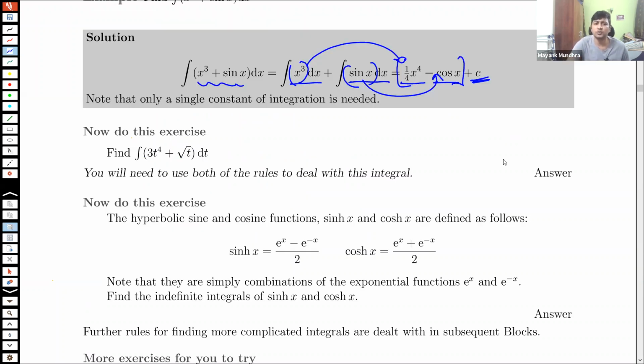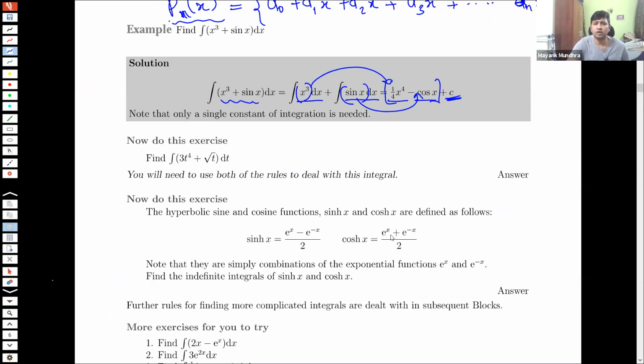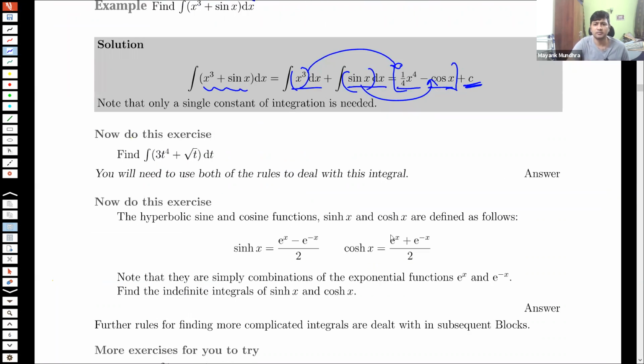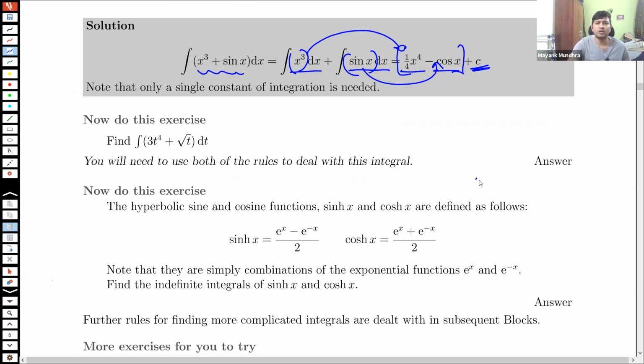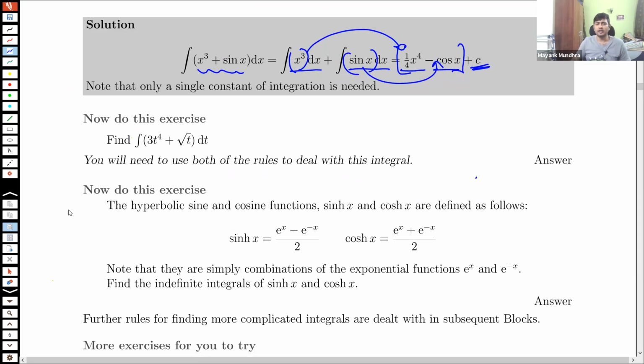Similarly, you can do these different problems which are given here. Hyperbolic sine and cosine functions you can ignore. These are basically inverses, sine and cos inverses, so these are trigonometric inverse functions.